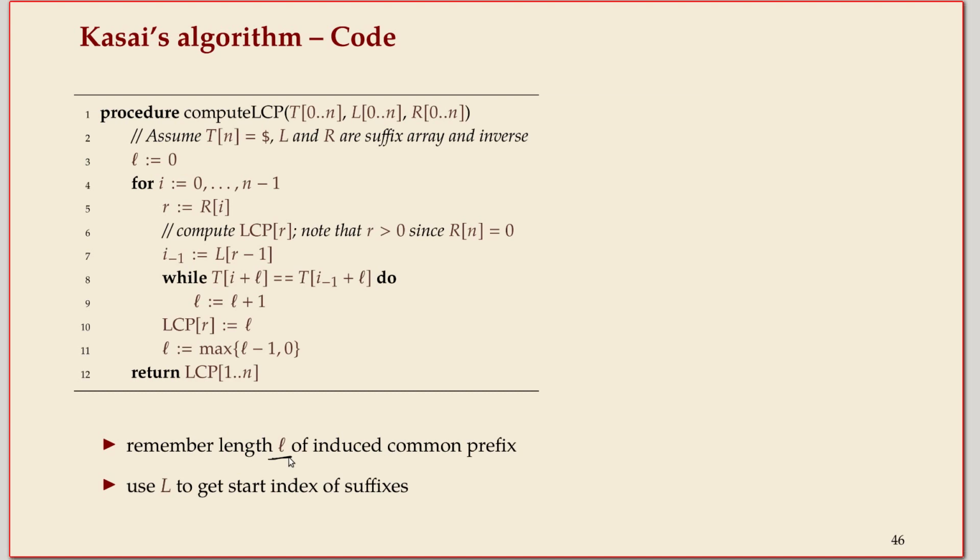And then you always make L one smaller if you go to the next step. If you're already at 0, you don't make it negative. And then you start comparing from there on. So you don't go to the beginning of the two suffixes, but you start after the L-th character. That's really all there is to it.